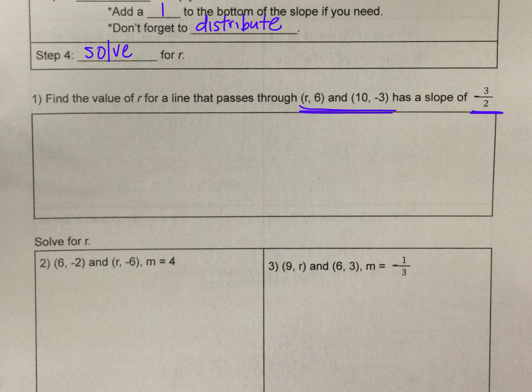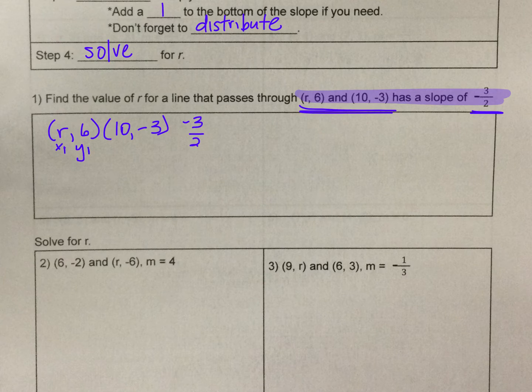Step 1, we label the points. So I just rewrote this information from up top. Now I'm going to label my parts: x1, y1, x2, y2, and that's my slope.